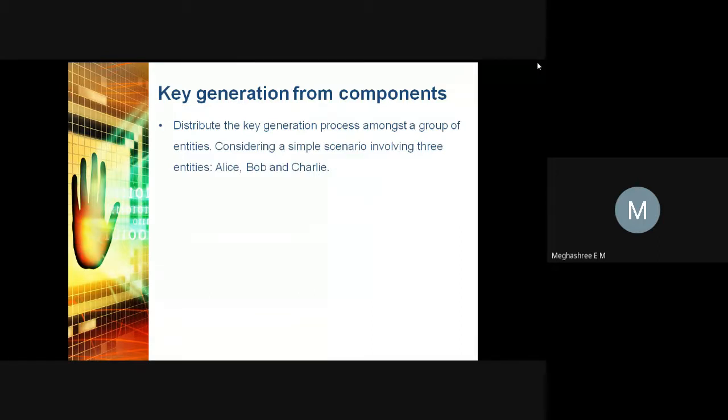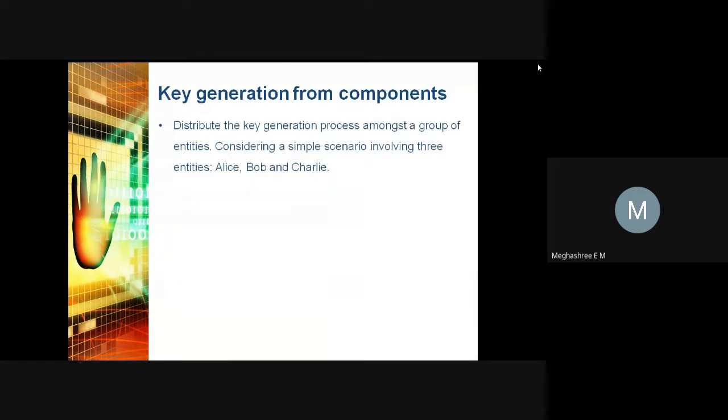So that's why a method is followed here to overcome such problems. The solution is that we distribute the key generation process among a group of entities in such a way that no member of the group individually has control over the process, but collectively they do. Instead of giving complete control to one entity, this control is distributed to a set of entities.